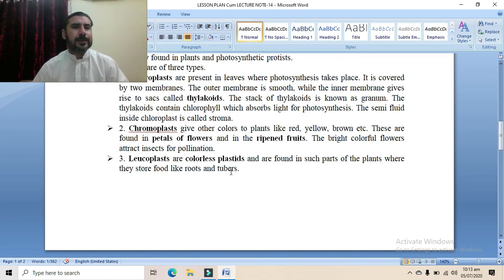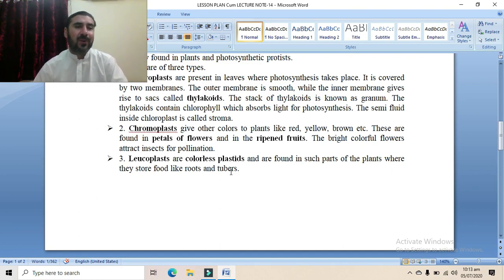For example, radish, and similarly the potato. These are called tubers, the underground parts. These underground parts, as well as the various roots, contain the leucoplasts, which are colorless plastids, and where storage of food occurs.